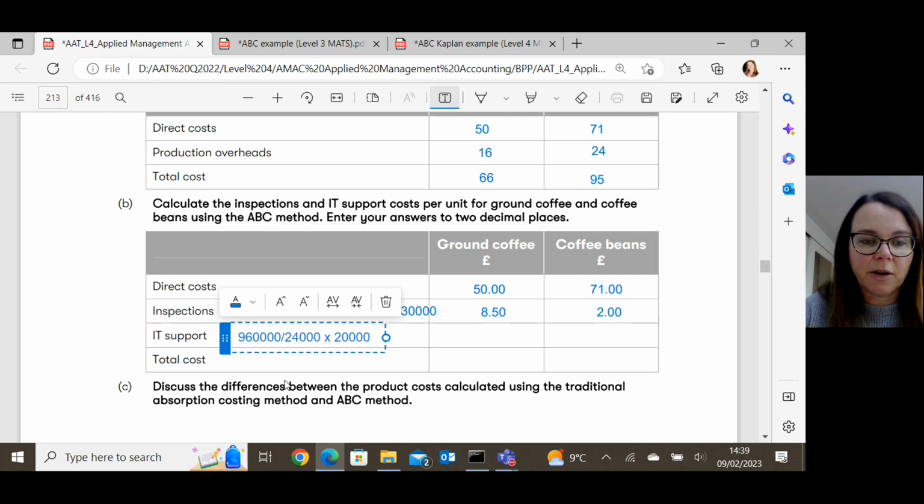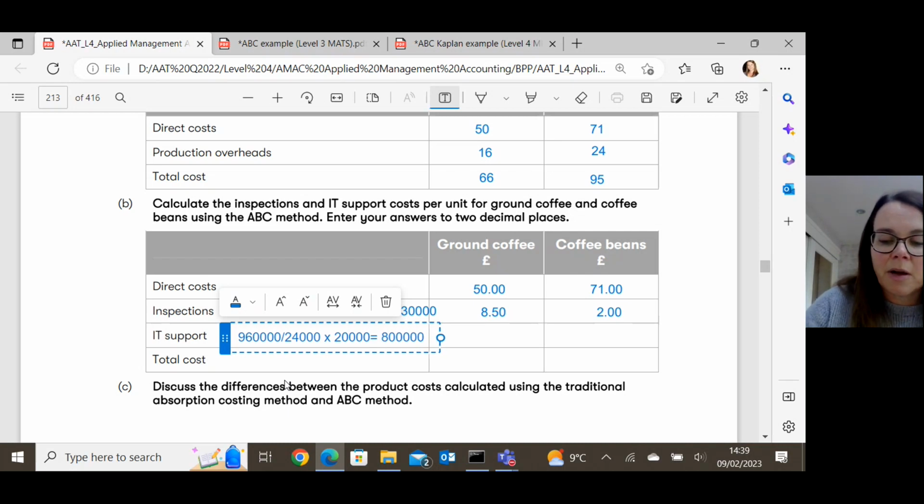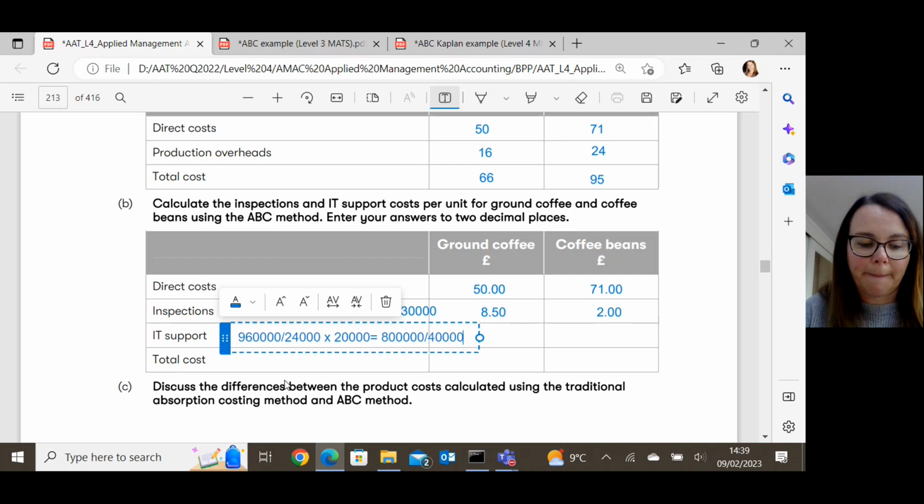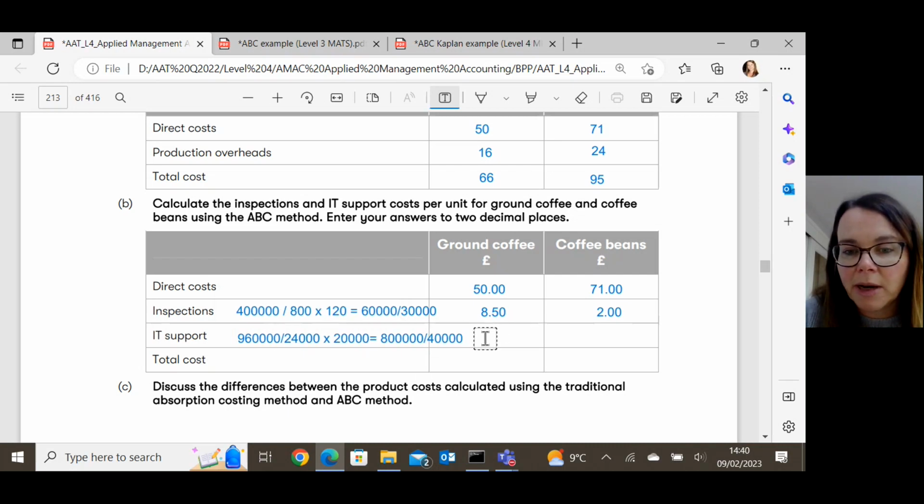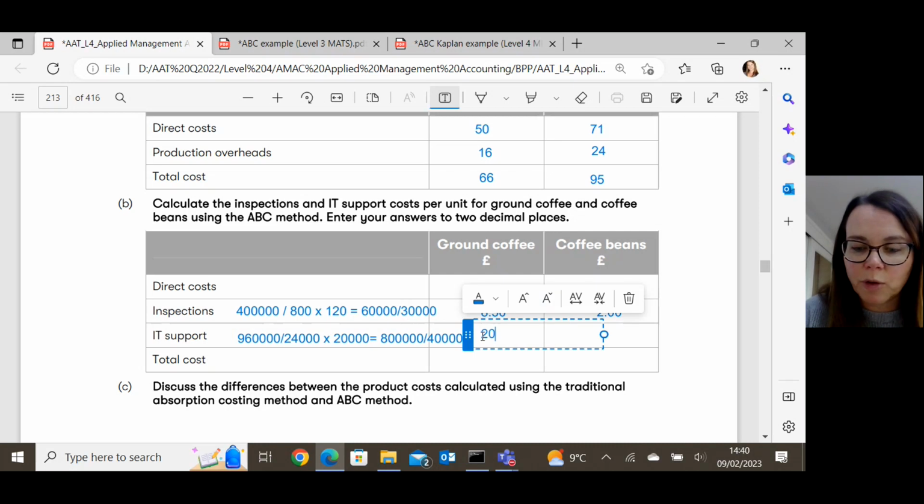So 960,000 divided by 24,000 times 20,000 gives me 800,000, which I'm going to divide by the number of units, which was 40,000. So that gives me a cost per unit for the ground coffee of £20.